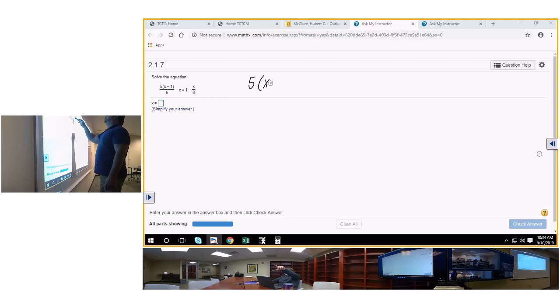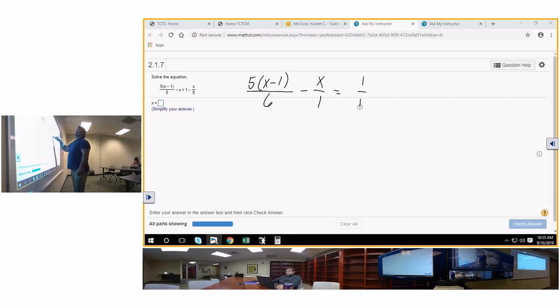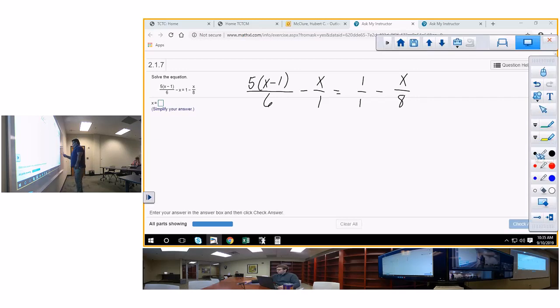5x minus 1 over 6 minus x over 1 equals 1 over 1 minus x over 8. Common denominator is what? Well, let's see. Let's go over here, 6 and 8. 2, 3, 5, 7, 11, and sometimes 13. 2 will go into 6 3 times, 4 times.